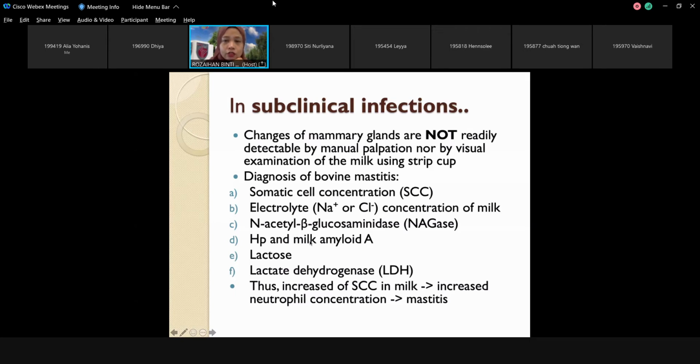These are actually the acute phase proteins, haptoglobin and milk amyloid A. You can also do lactose or even this LDH, okay, in order for you to confirm whether the animal is having subclinical mastitis or not, because increase in SCC means that there is actually increase in neutrophils, and hence you can see that this animal is having subclinical mastitis.